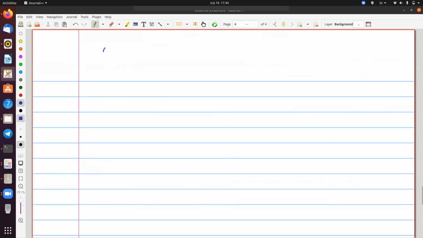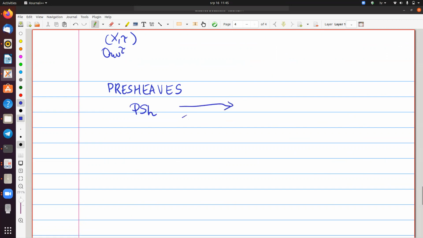So we have this X star, and we had pre-sheaves, and we had two functors.